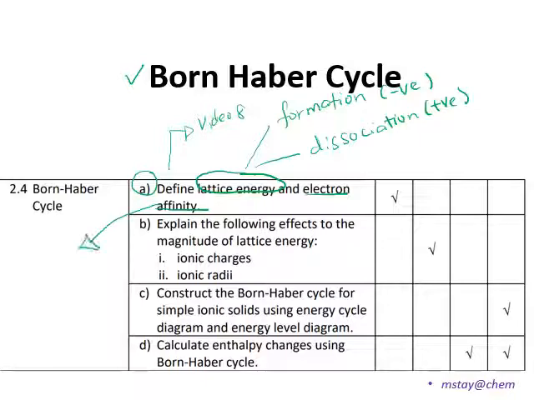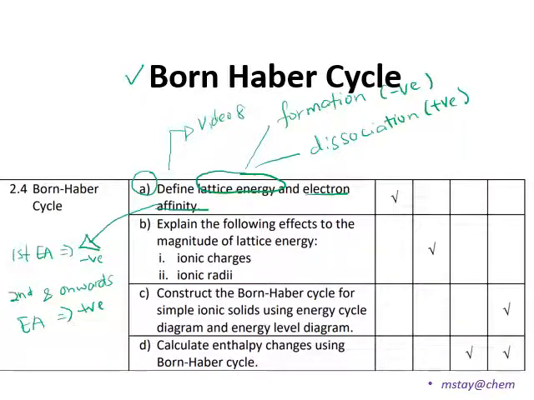For electron affinity, generally the first electron affinity is always a negative value, while the second and onwards of the electron affinity will always be positive values.